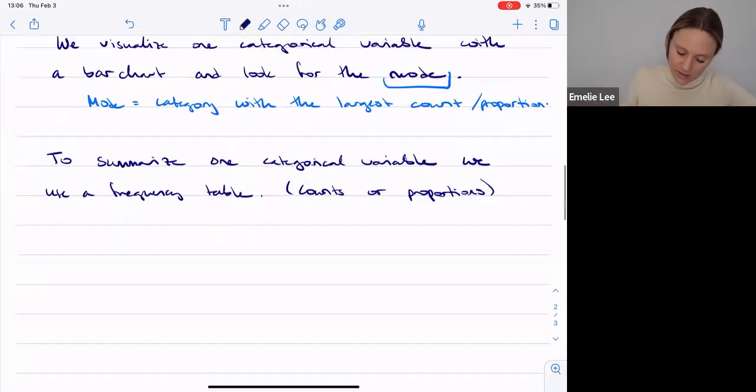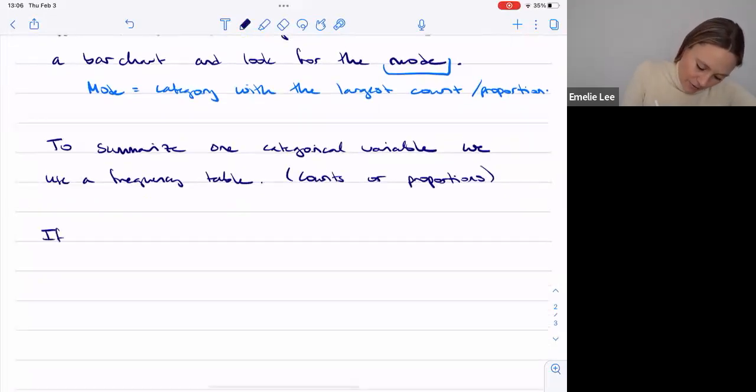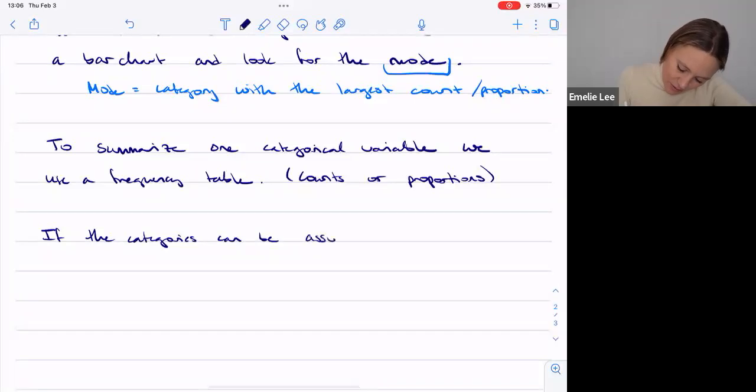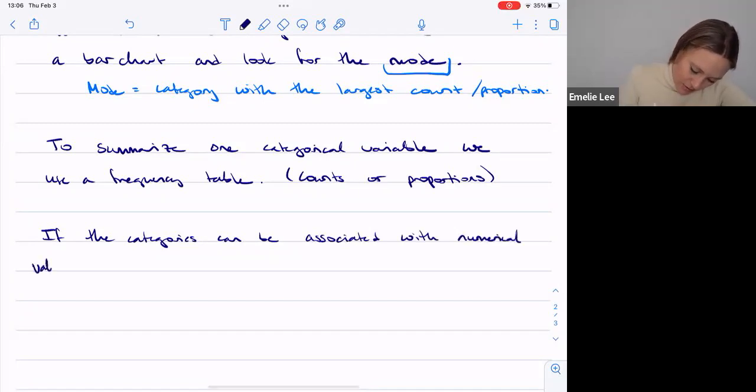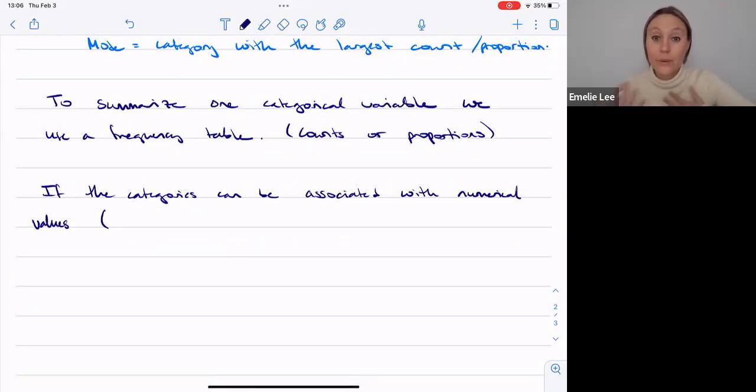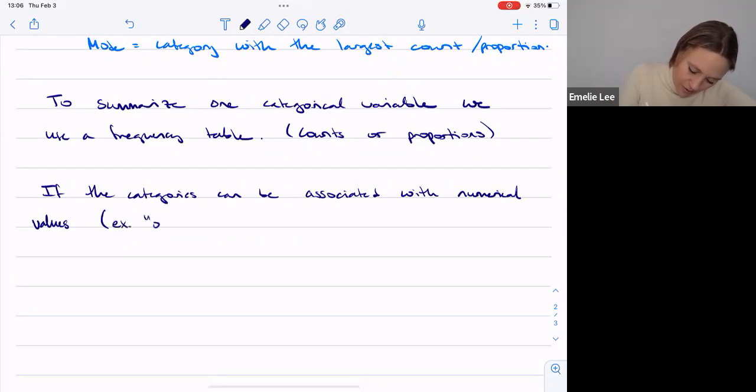So what I want to say here is if the categories can be associated with numerical values, like on a scale of 1 to 5, how do you feel about this?